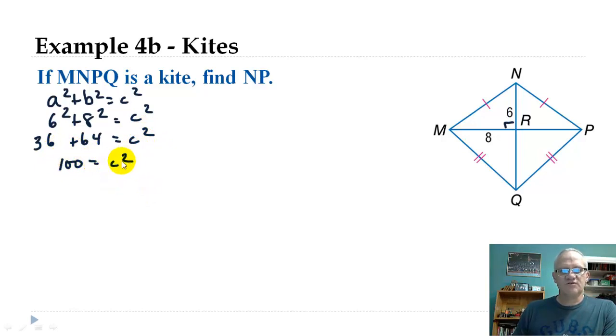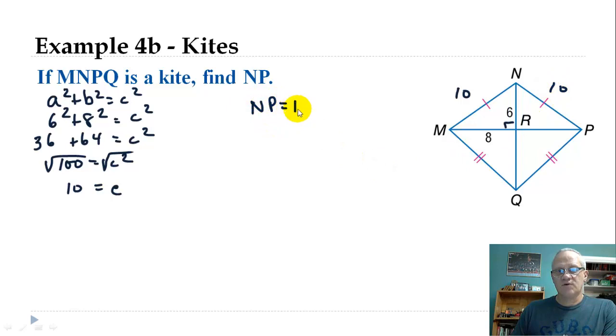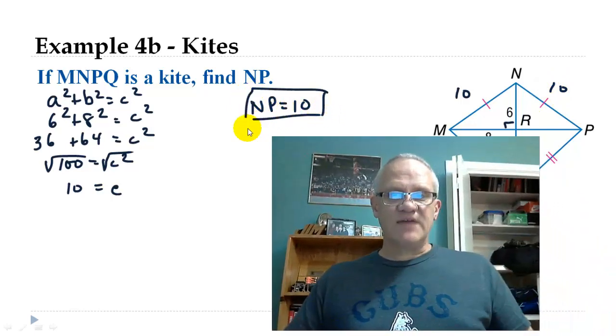And how we get rid of the square is square root. And in this case, it happens to work out really nicely. So c would equal 10 when we take the square root. So this is 10, and it's the same as NP, so that is also 10. NP equals 10. All right, that's it.